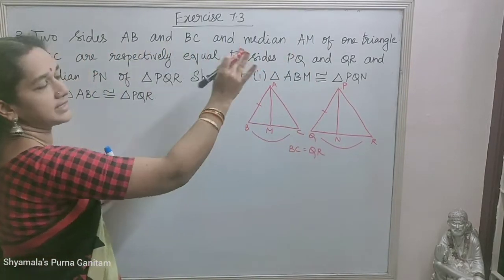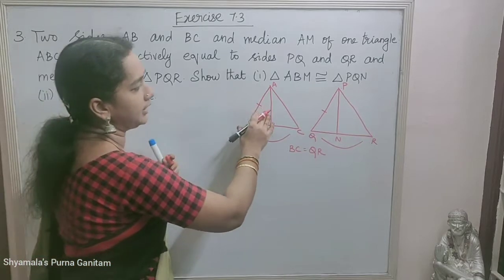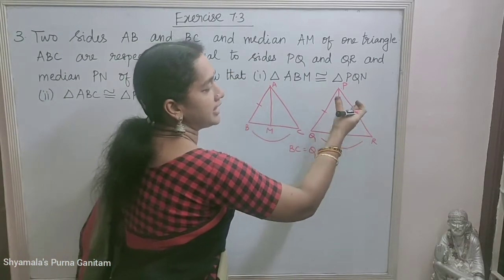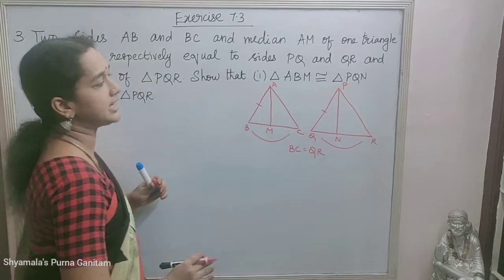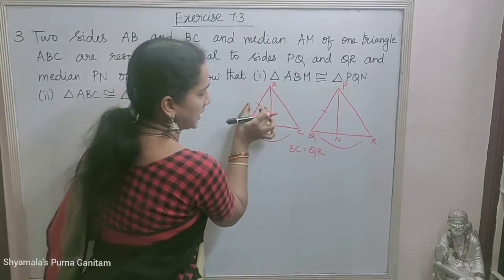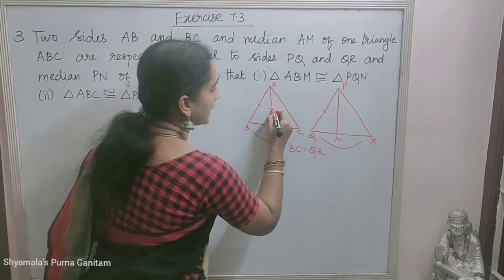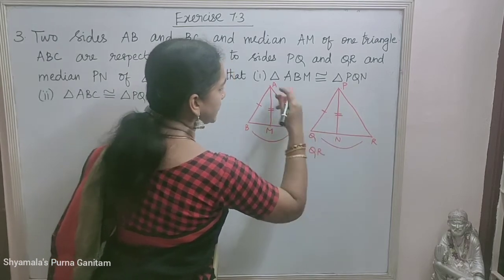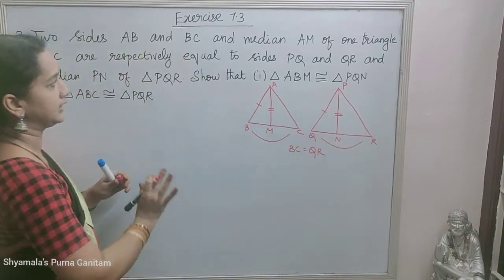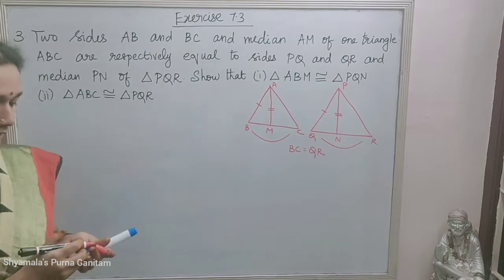So these three sides of one triangle are equal to the other three sides of the other triangle, it is given. So AB is equal to PQ, BC is equal to QR and median AM is equal to PN. So these are equal, it is given.